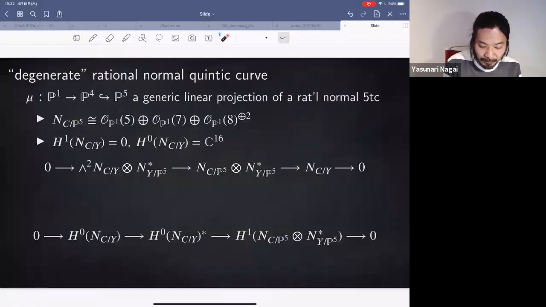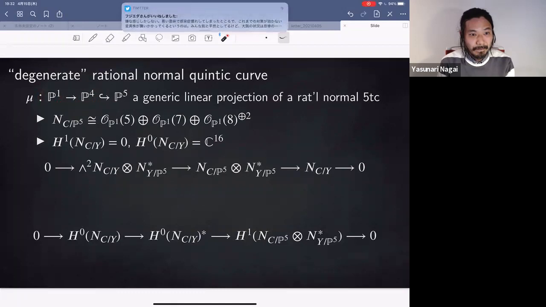So we look at a rational quintic curve which spans P4, and that is more or less the same thing as a generic linear projection of the rational normal quintic. I assume that the image is smooth.